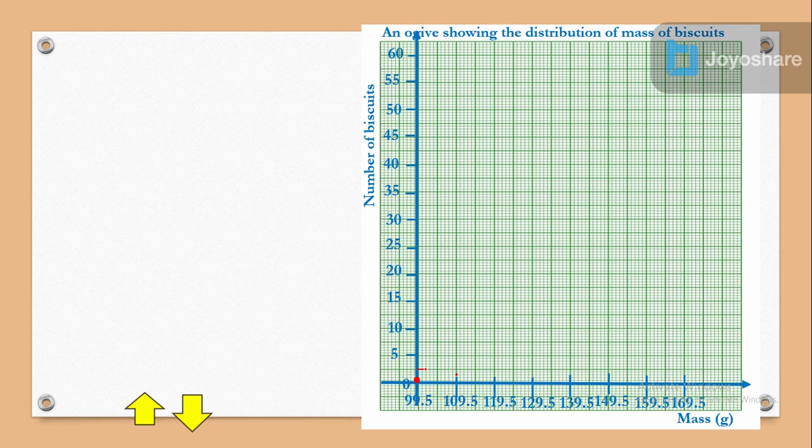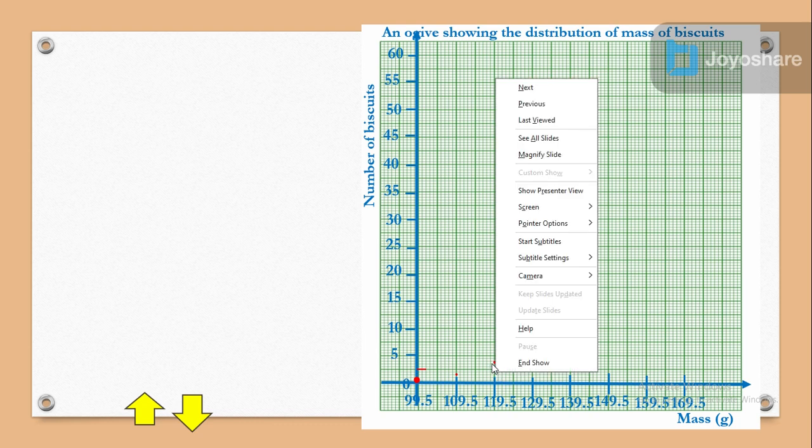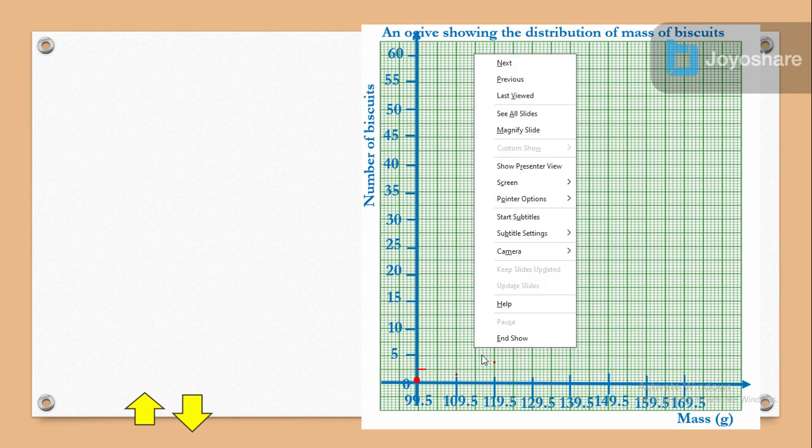I don't know whether that makes some sense. I'm trying to plot in simple terms. So now at 109.5 here we are plotting 1. Then at 119.5 we are plotting a 4. Now you see that 4 is here, midway down from 2.5. I don't know that you'll be able to figure that out.